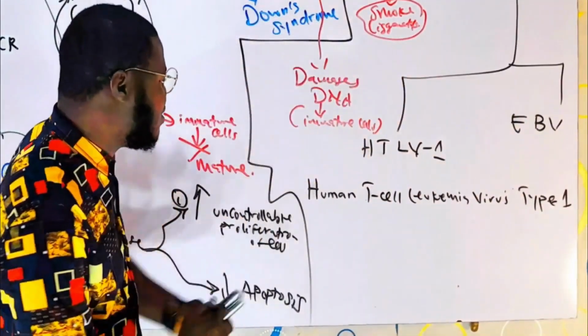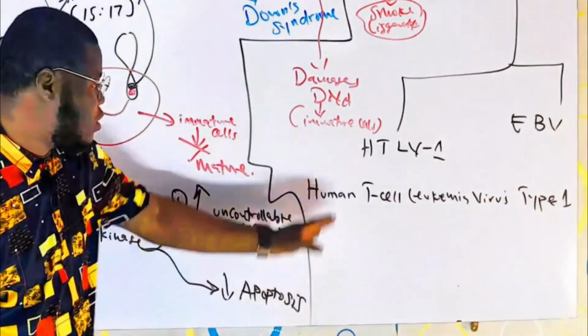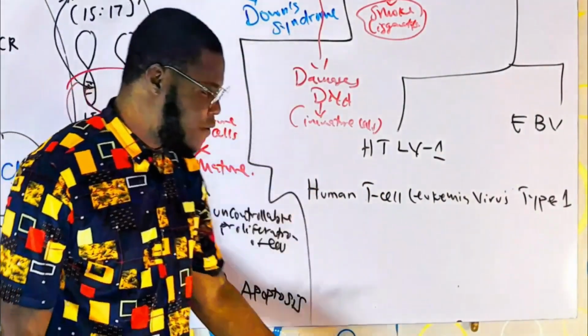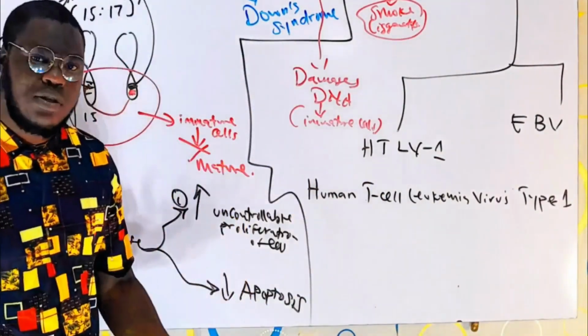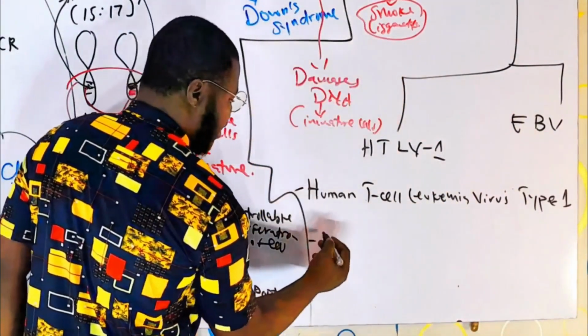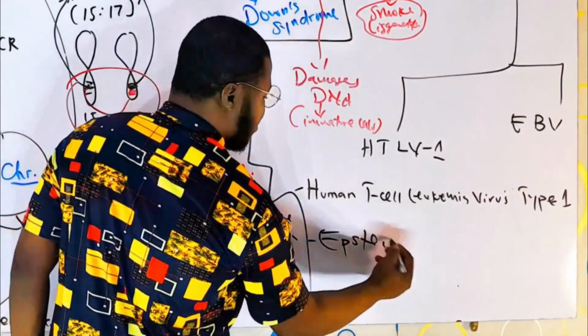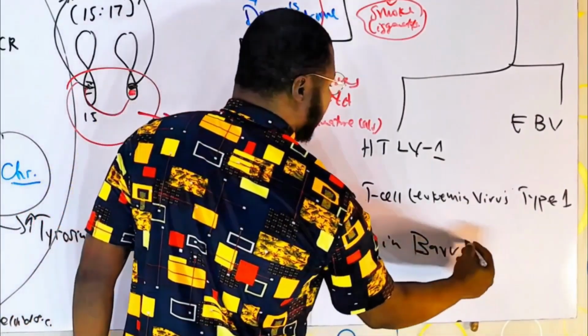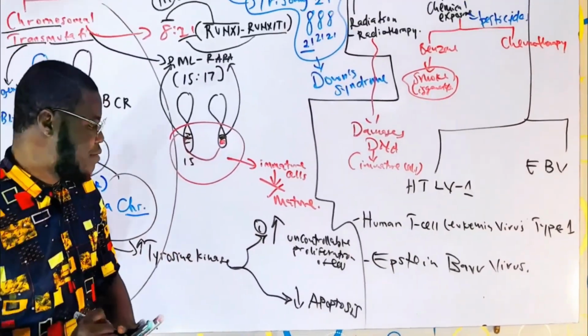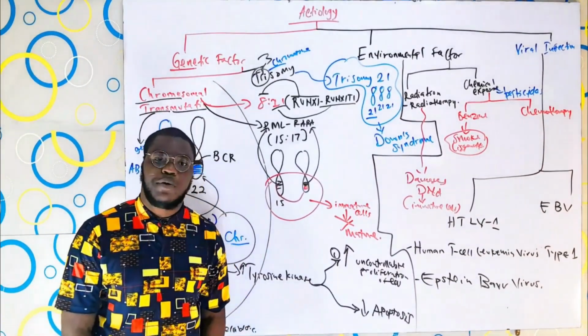So when you hear HTLV1, it means human T cell leukemia virus type 1. It's actually capable of infecting someone and causing leukemia. And for the EBV, that is very popular, we've known it before, Epstein-Barr virus. Simple as that. Those guys have been implicated when it comes to the development of leukemia.